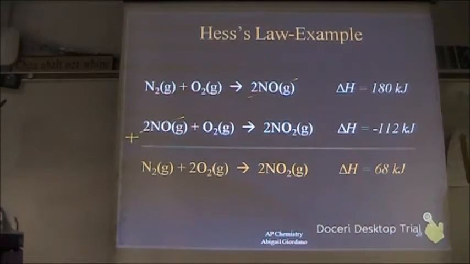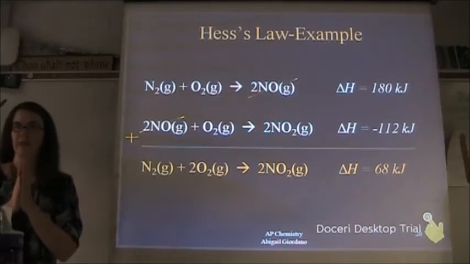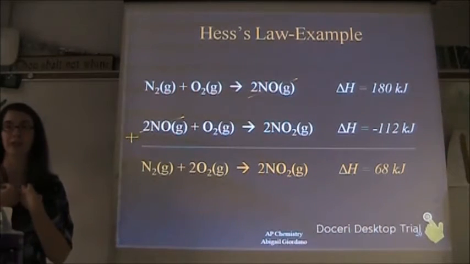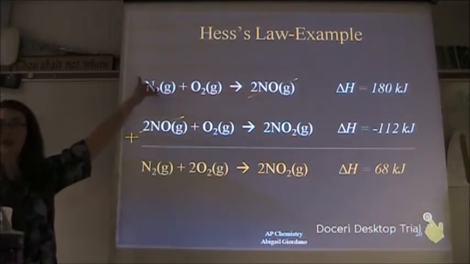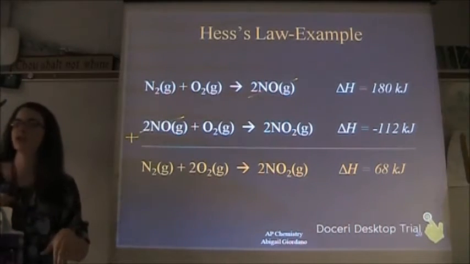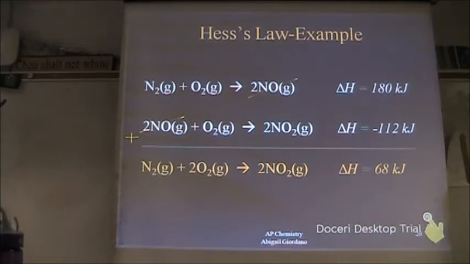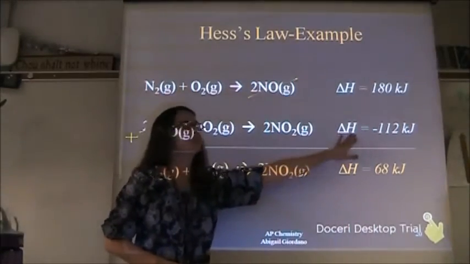You're going to have to do this when we do a Hess's Law problem. And this is what you will be presented with. And I think these problems are really, really fun. You may disagree. You will be given in the problem maybe 2 elementary steps, maybe 3, maybe 4. I think there's one in your problem set where they give you even 5. Each one will have a heat value associated with it.